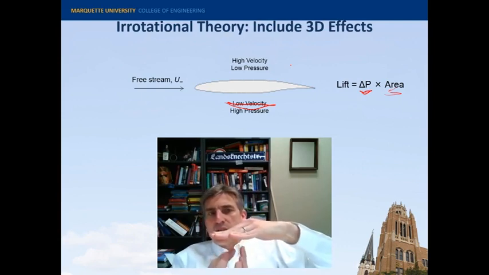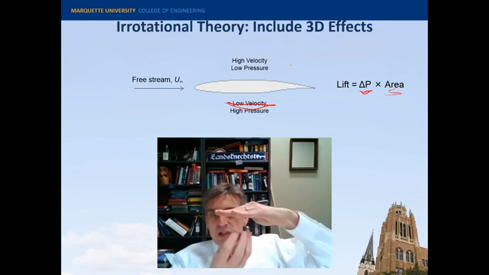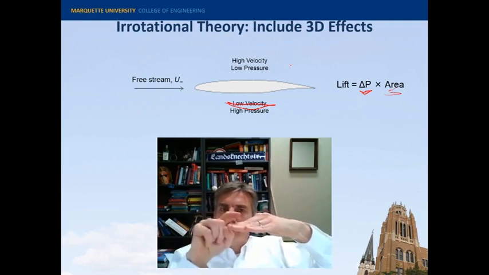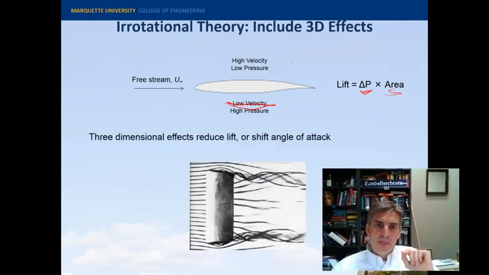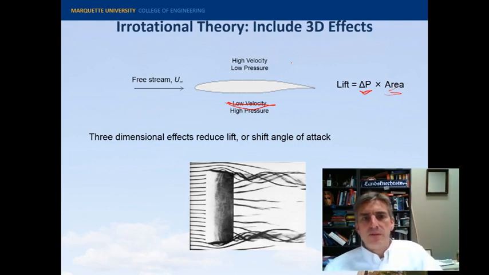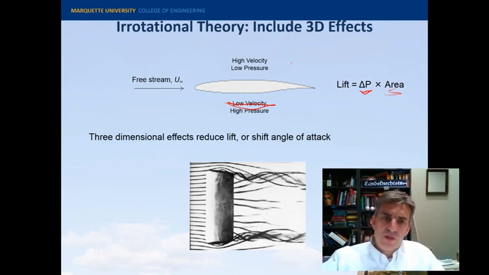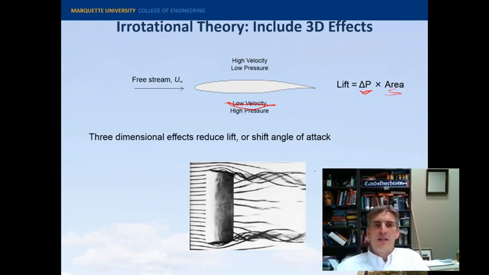There's high pressure on the bottom, pushing up, giving you the lift. The flow would kind of short circuit, right, and just flip around. That's the wingtip vortex. And this is a top-down view. This is a wind tunnel image showing a wing placed in a wind tunnel with some smoke lines. And you can see that as the flow flips around, it begins this swirling motion off of the wingtip.